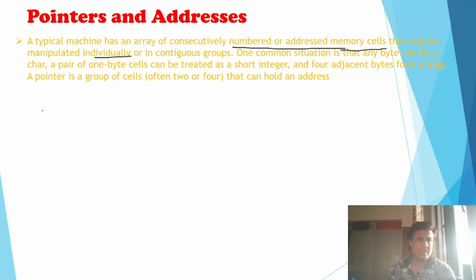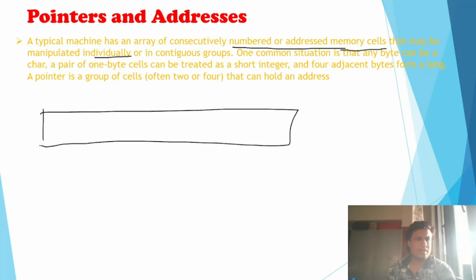In the earlier example, this was the addressing mode, with 2 bytes for integer and 1 byte for char. In this way we are manipulating according to the data type we provide in the code. The operating system allocates the space according to the data type provided by us in the code.